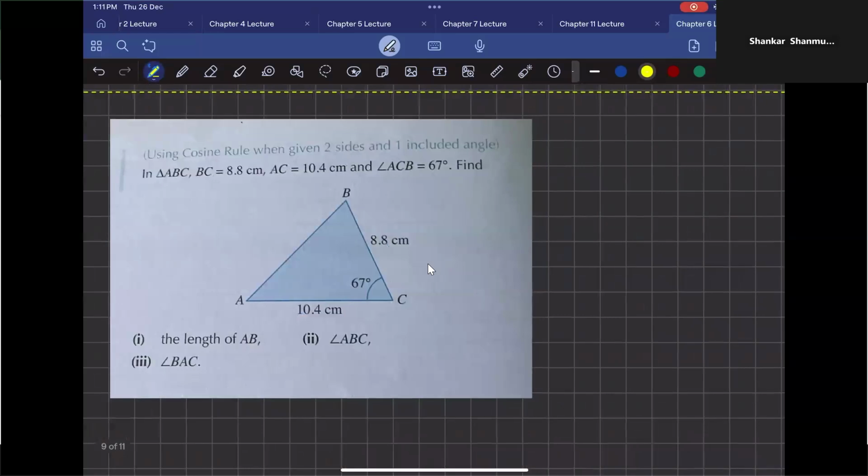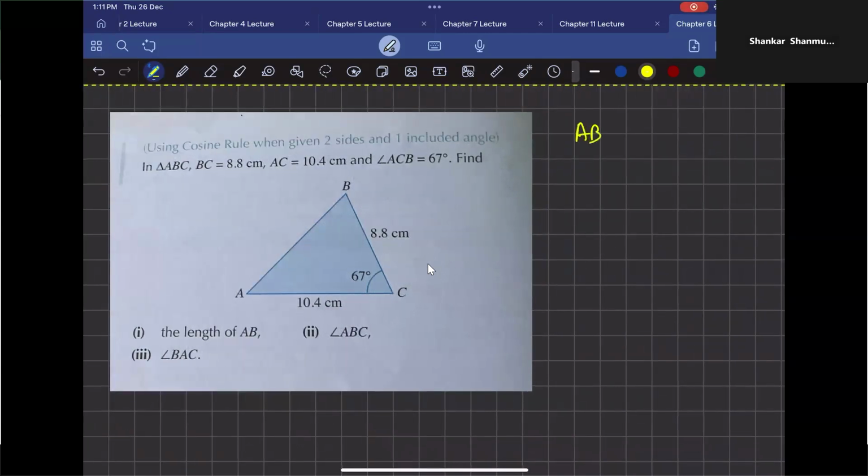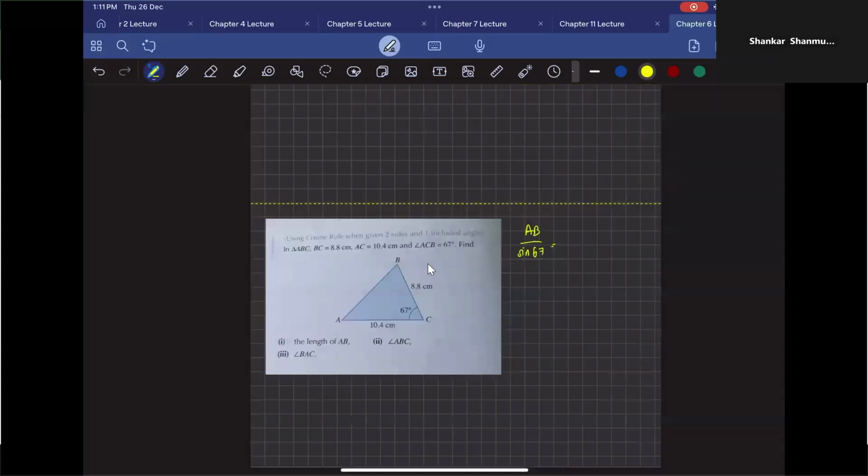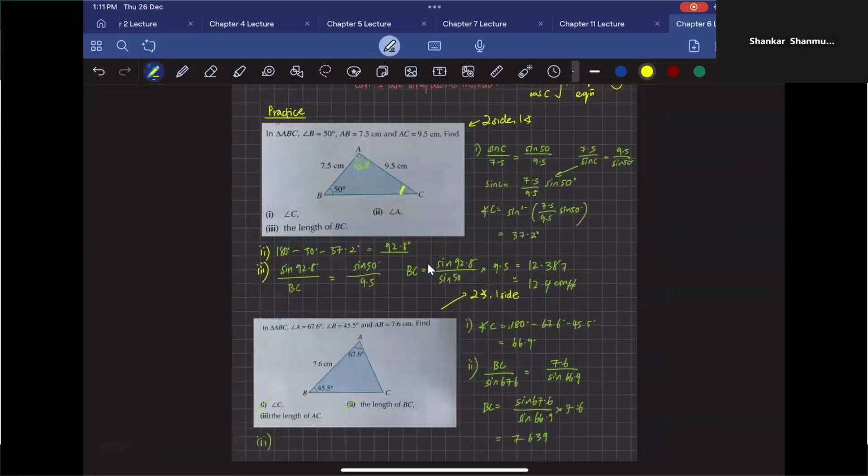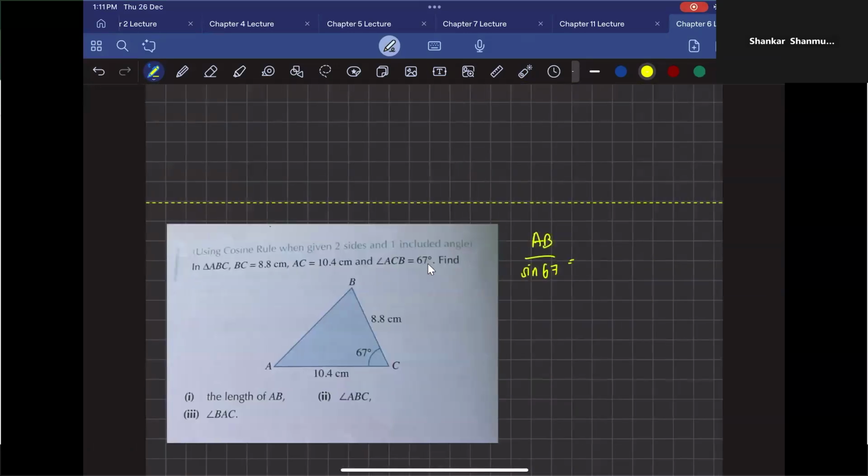Is it possible for you to use your sine rule in this case? You can't, right? Because if you do AB over sine 67 equals to, you don't have any other angles. You need at least two angles or one angle and the corresponding side. So we don't have that, so we have to use cosine rule.